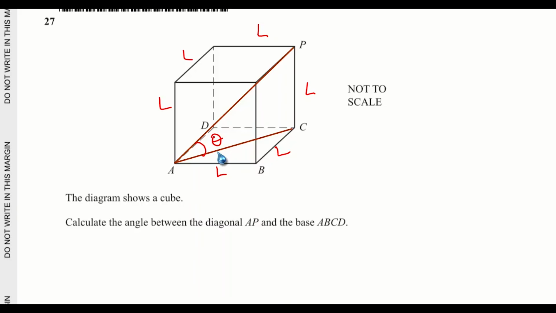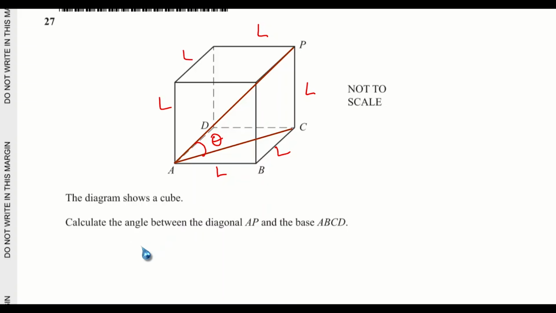Okay, so if we can get the length of either AP or AC, then we can use SOHCAHTOA to get the angle. That is sine, cosine, or tangent, depending on the parameters we are able to get. Okay, so let's start with this. From ABCD, we can actually get side AC.